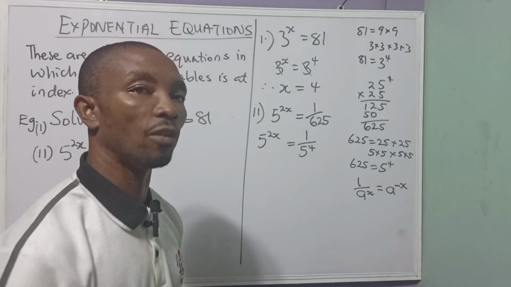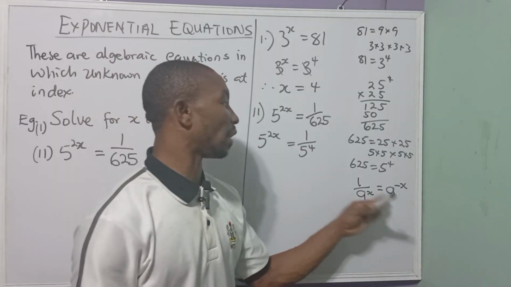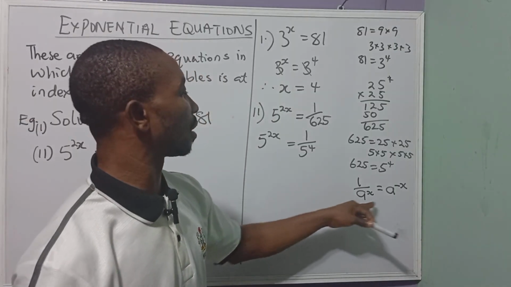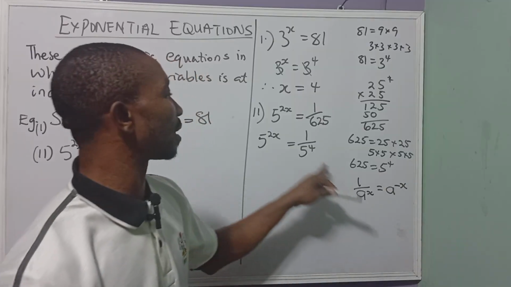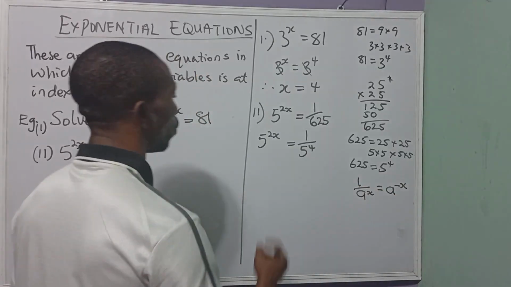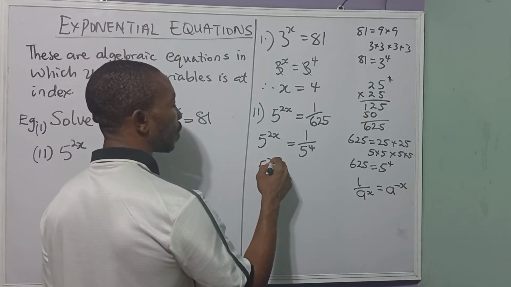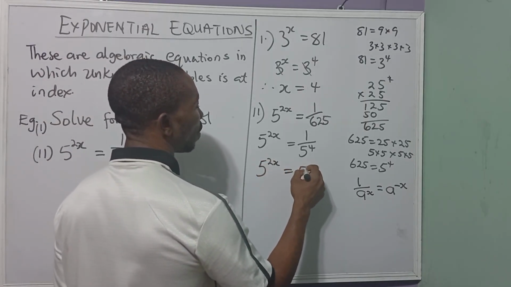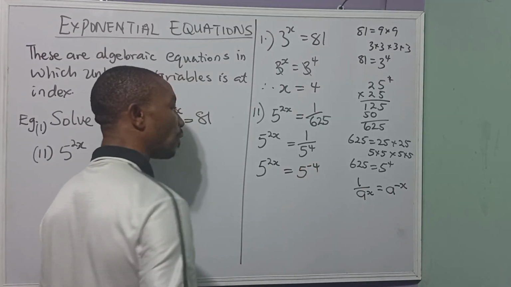Remember our negative index law. Rewriting this, we now have 5 raised to 2x equals 5 raised to minus 4.